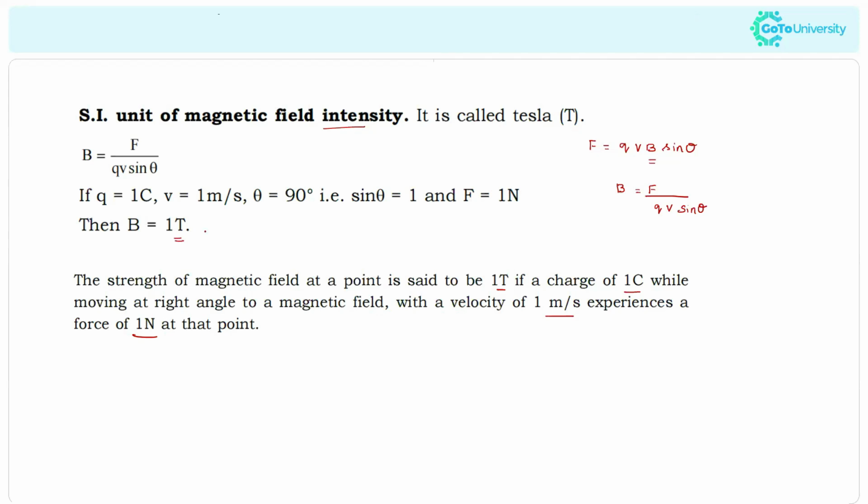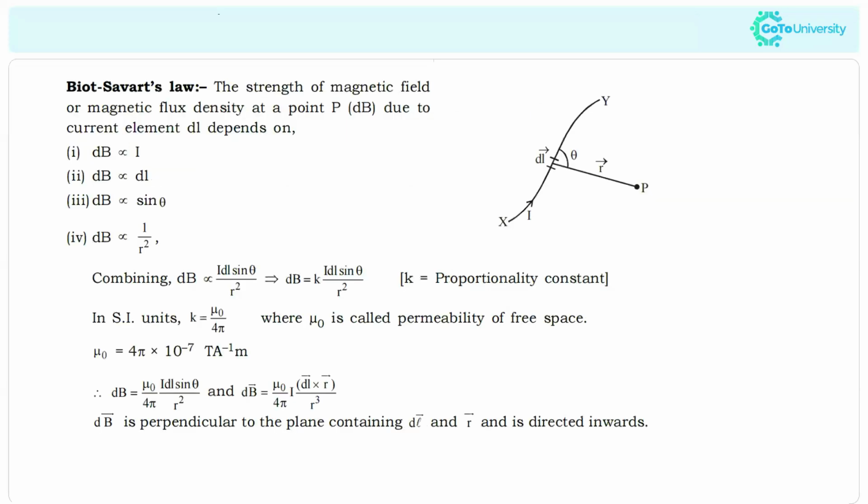So now I'm moving on to the next topic, which is the Biot-Savart law. The Biot-Savart law is very important in the case of magnetic fields. The magnetic field strength or the magnetic flux density can be calculated by using the Biot-Savart law.